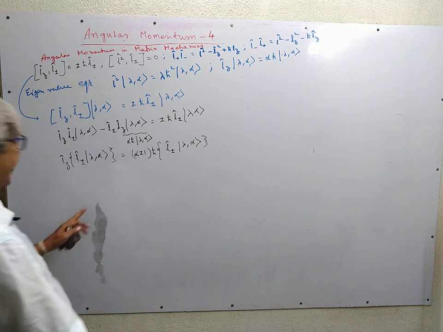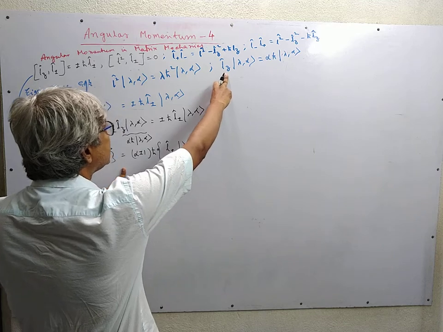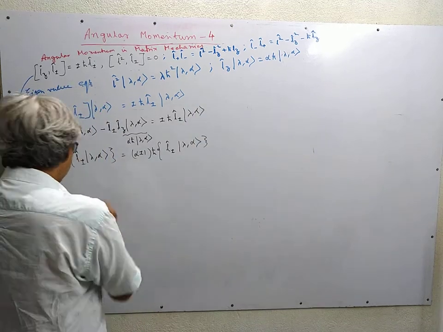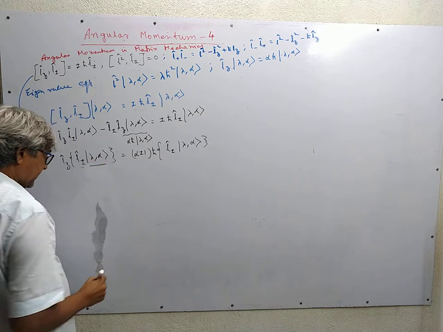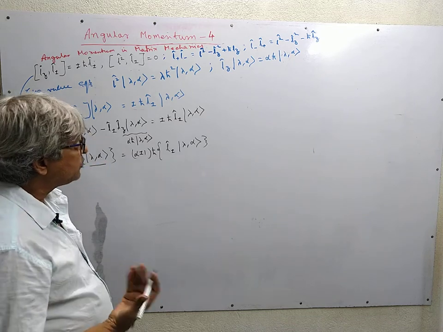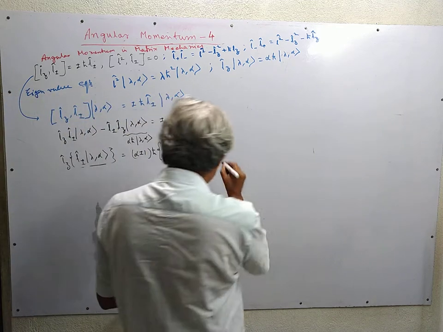If we compare this equation with this, we see that when L plus minus operates on this eigenket, the alpha value is either increased by 1 or decreased by 1.